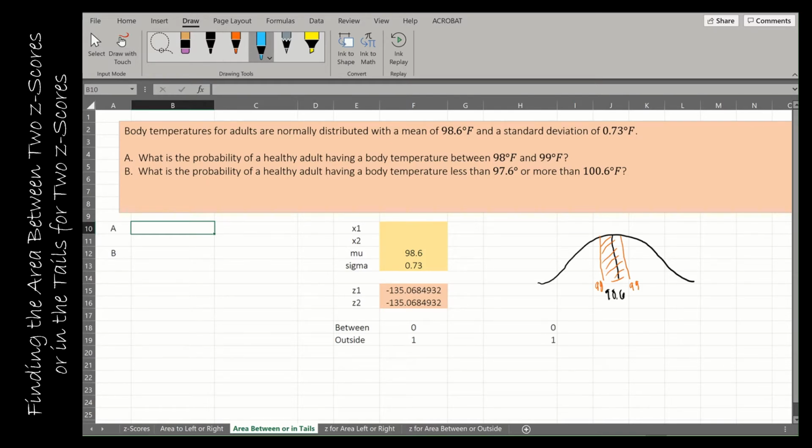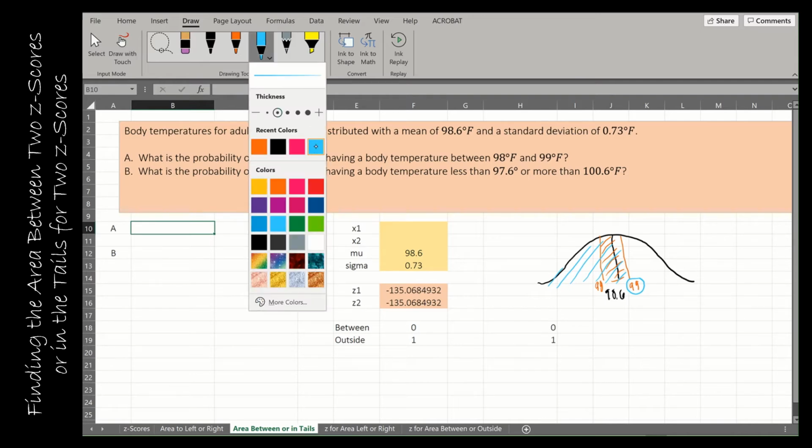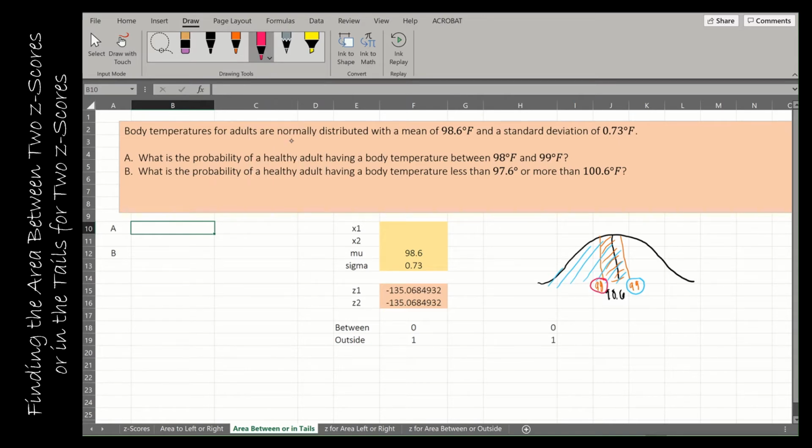So if I said, let's do norm dist using 99, that's going to give me all of this. And if I said, let's do norm dist of, say, 98, that's going to give me to the left of 98. But I want just this value in the middle.